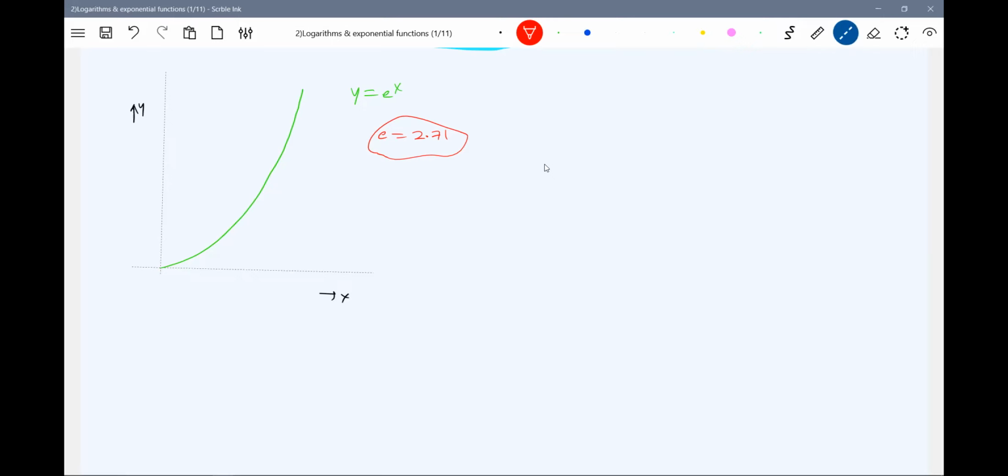Similarly, what about y equal to e to the power of minus x? Put x equal to 0, and it will start from a certain value. So this is y equal to e to the power of minus x. First we should see how y and x vary.